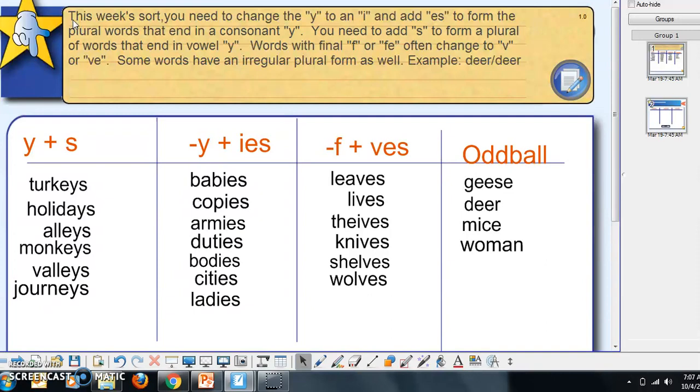For this week's sort, you need to change the Y to an I and add ES to form the plural of words that end in a consonant Y. You also need to add S to form a plural word that ends in a vowel Y. Words with a final F or FE often change to a V or VE. There are words that have an irregular plural form as well. Such an example would be deer, which could be singular and could also be plural. Happy sorting!